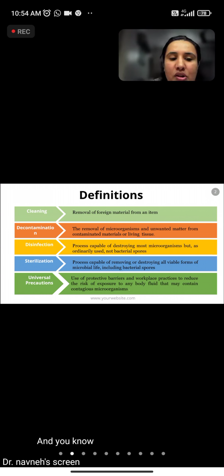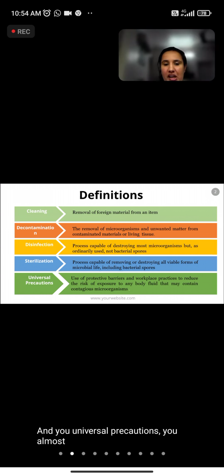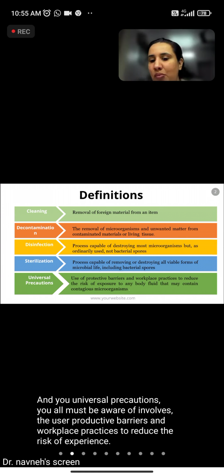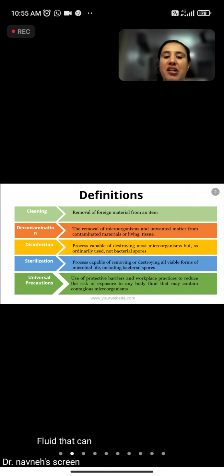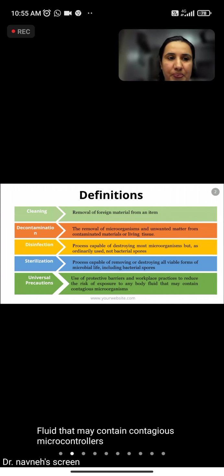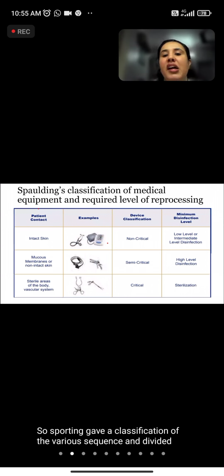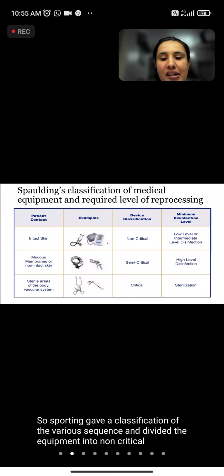And universal precautions, which you all must be aware of, involve the use of protective barriers and workplace practices to reduce the risk of exposure to any body fluid that may contain contagious microorganisms. Spalding gave a classification of the various equipments and divided them into non-critical, semi-critical, and critical.